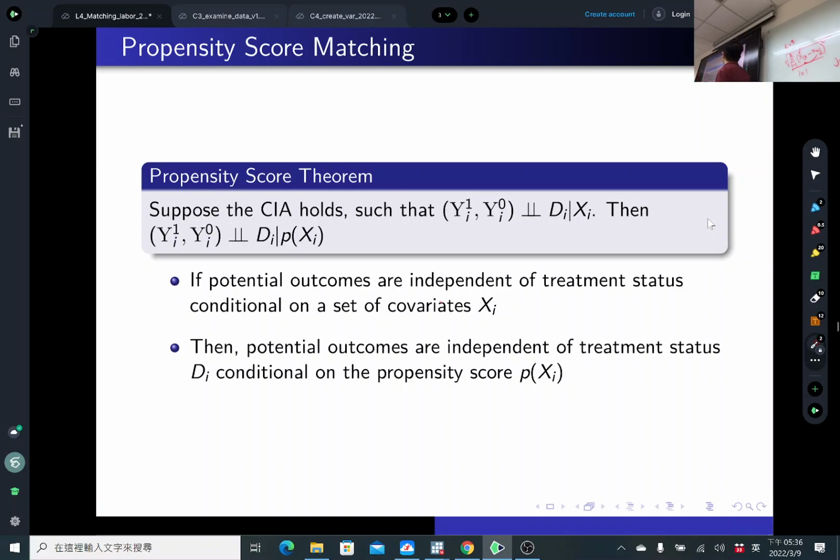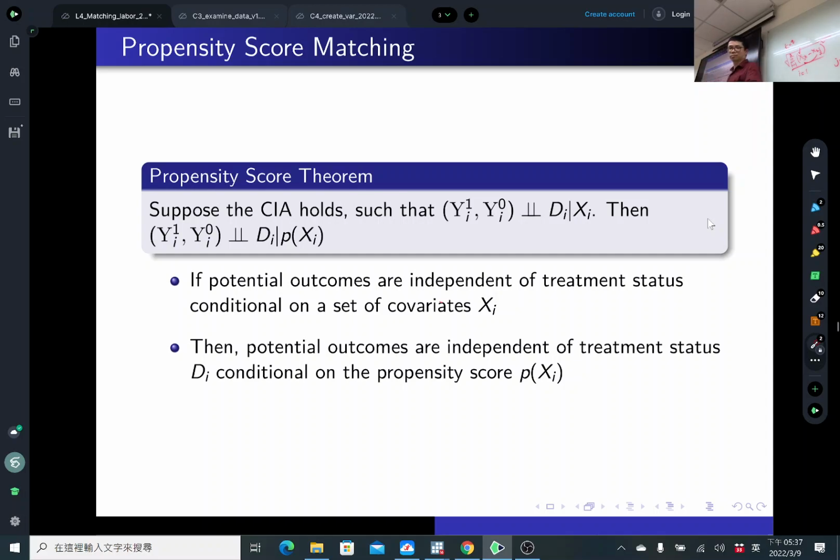Okay. So then everything we did in the previous class, we can just match on the propensity score, and then we can get a causal effect. We don't need to match 10 variables, which is impossible.